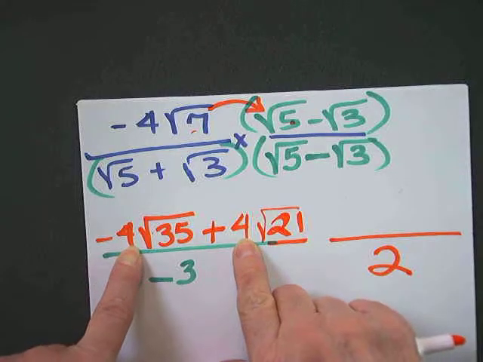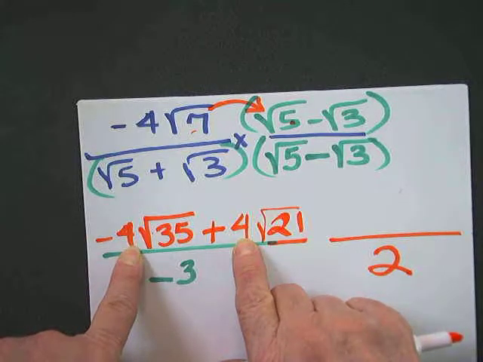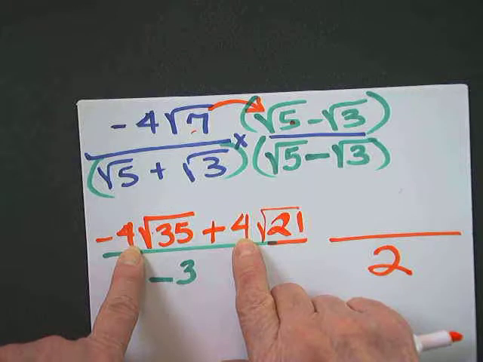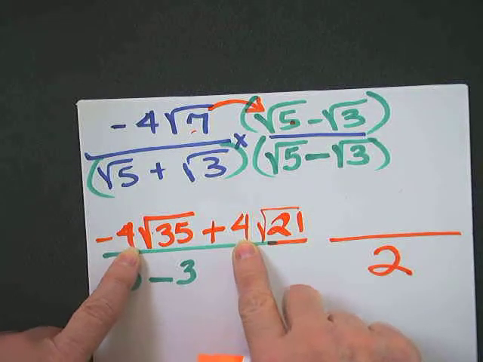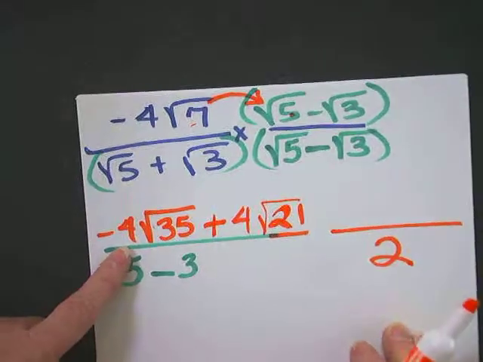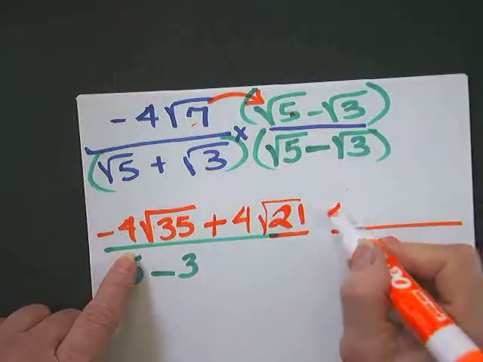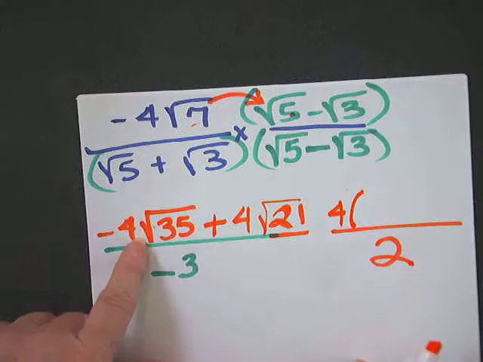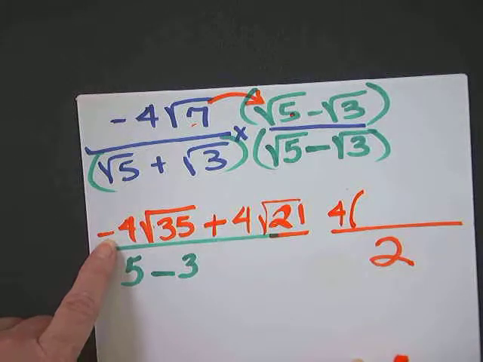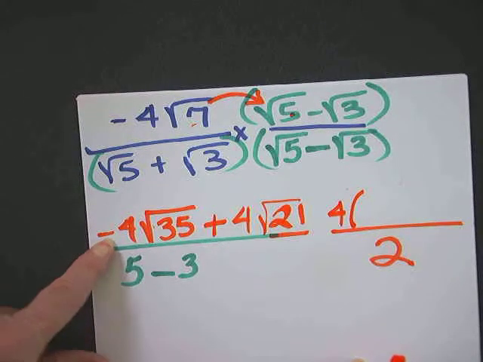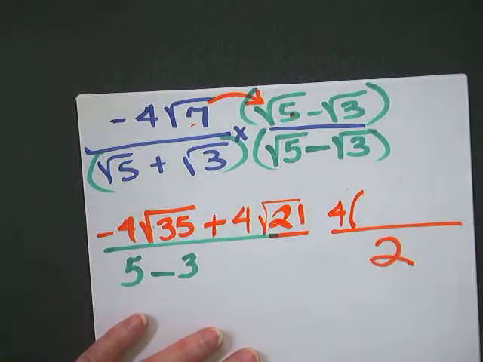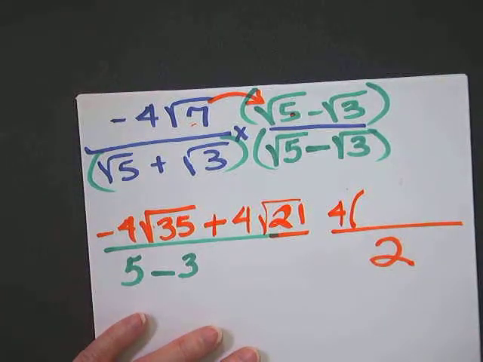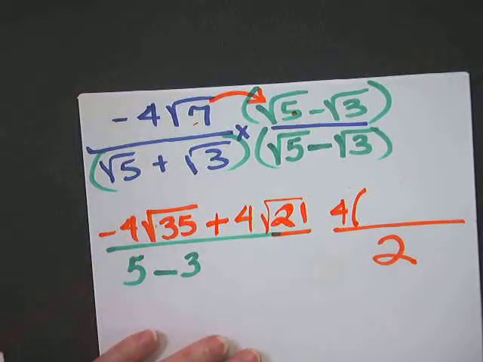And then I'm going to put minus because I see this minus, but it's negative times negative, so this is actually going to be a plus, square root of 21. 7 times 3 is 21. 5 minus 3 on the bottom is 2.